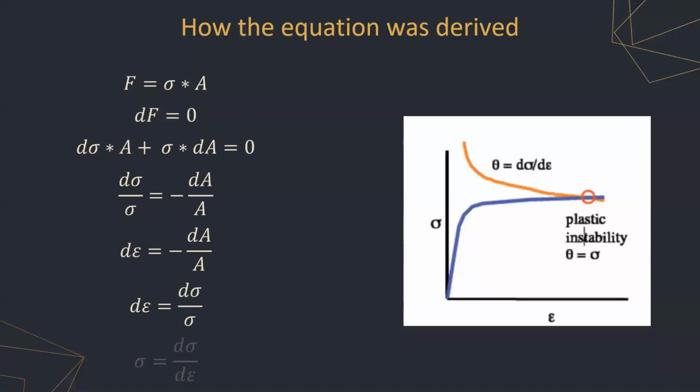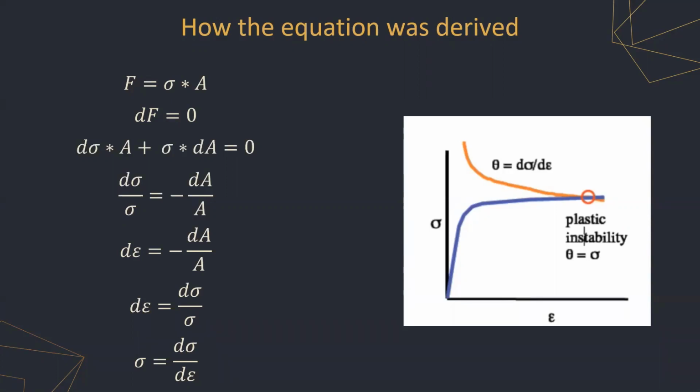Then rearranging again, we finally get our equation for the considered criterion. The left-hand side of the equation represents the strain hardening rate and the right-hand side represents the true stress. At this point of necking, when the stress reaches the strain hardening rate, this is where instability occurs, and by this equation we proved our criterion.